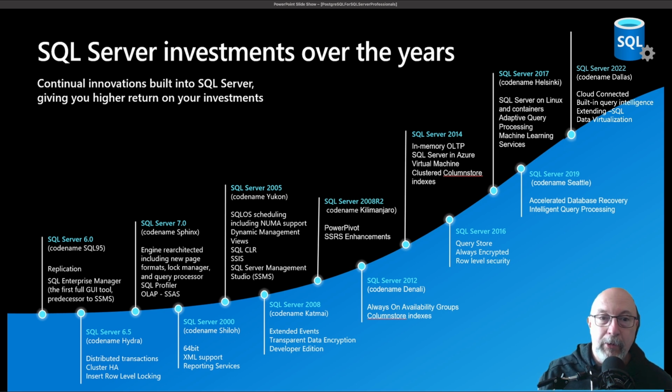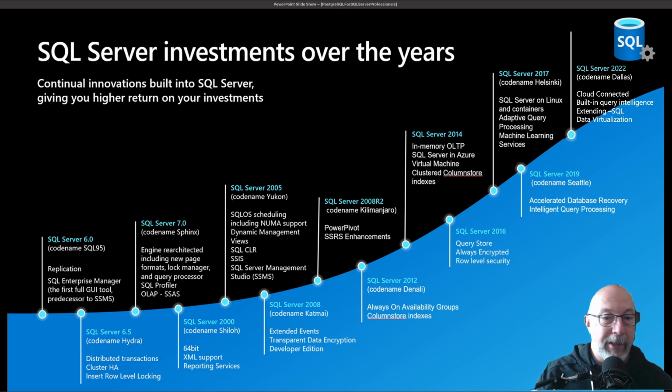As I was saying, SQL Server 7.0 was basically the first big re-architecture of the SQL Server engine, with new things like new page formats; the lock manager and the query processor were completely brand new. It was also the first release where additional services, like, for example, SQL Server Analysis Services, were introduced together in the same box of the relational engine.